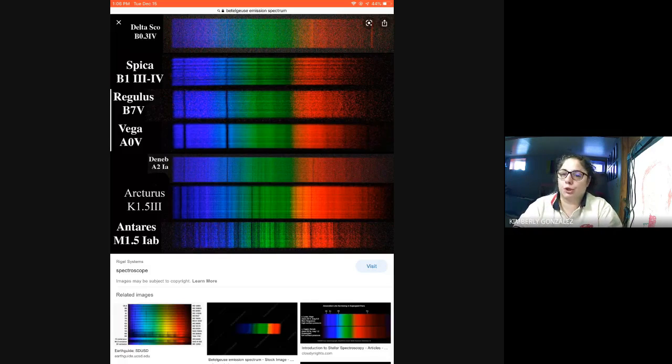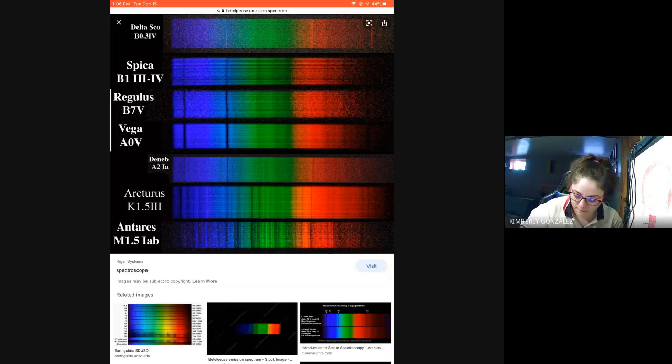What scientists will do is not only run this through the spectroscope and see what's happening, but also compare it to known elements like hydrogen and helium and carbon and other things that are known to be in space, and see which ones are in there. So you would compare them and see which lines line up.